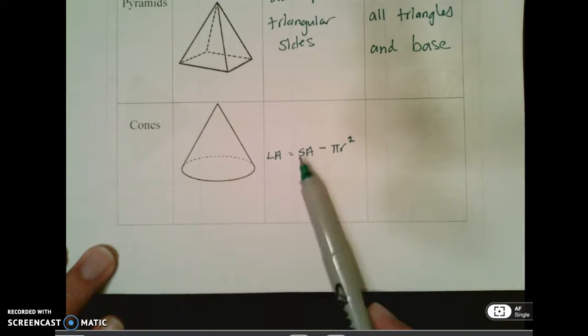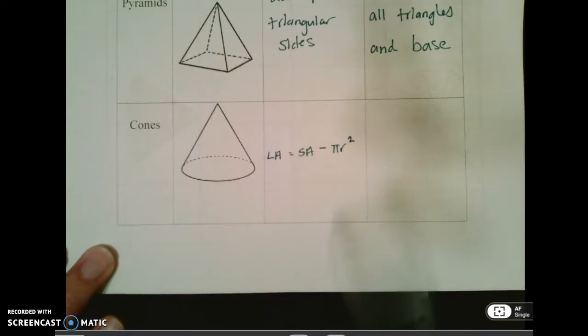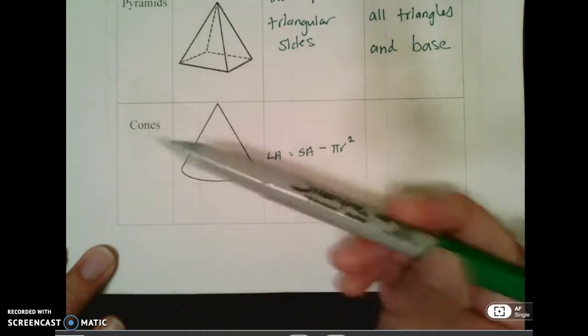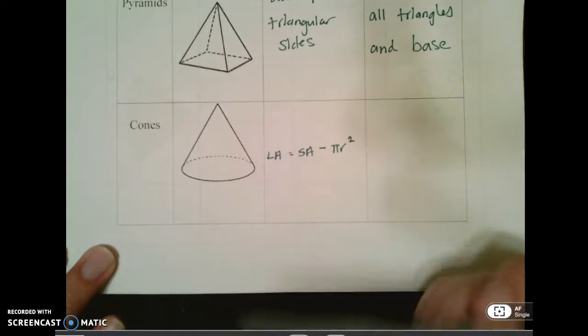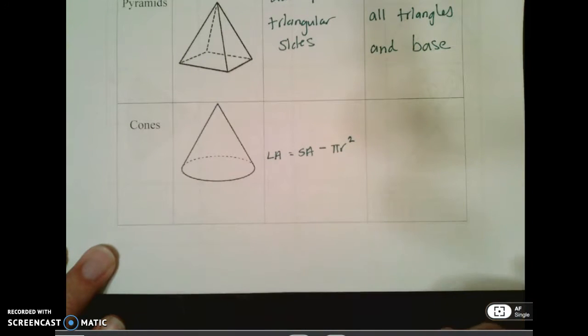So I haven't given you the surface area formula, I'm about to, but you take the surface area formula and subtract the circle on the bottom, and that will leave you with lateral area. And this shape's really funny when you lay it out.